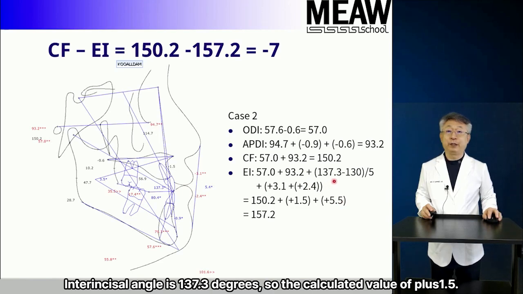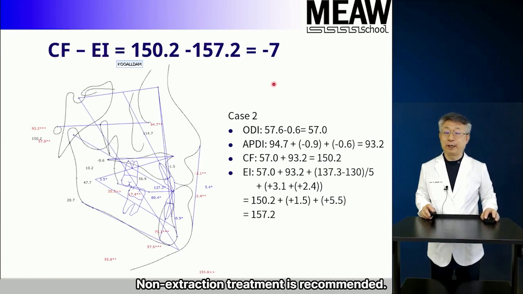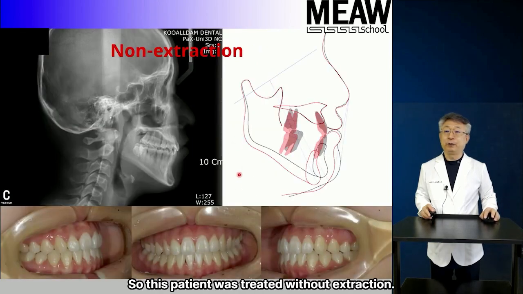Interincisal angle is 137.3 degrees, so the calculated value is plus 0.5. Extraction index is 157.2, and the difference between CF and EI is -7. Non-extraction treatment is recommended. So this patient was treated without extraction.